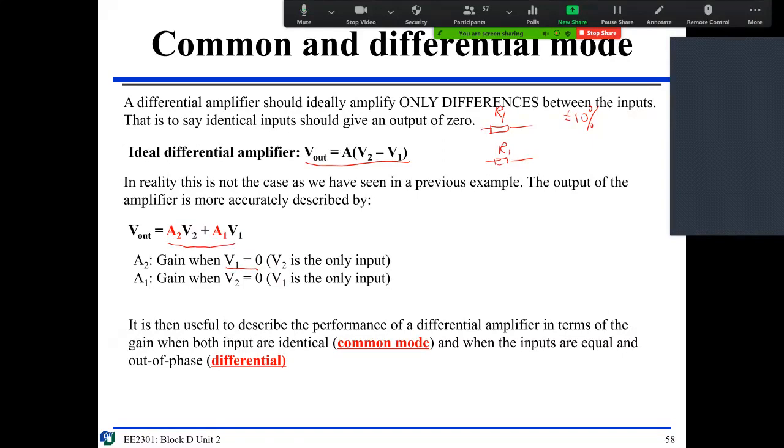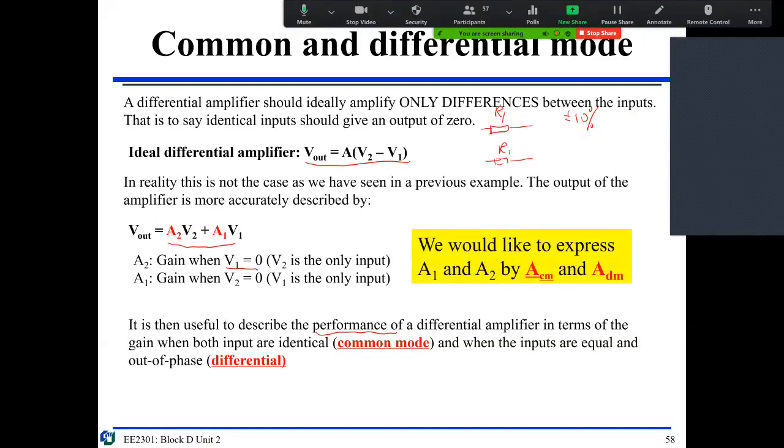There is a performance index of a differential amplifier in terms of the gain when both inputs are identical, when the inputs are equal, and out of phase, differential. So we want to introduce that. So ideally, we put a common mode and a differential mode. Differential mode means difference. Common mode is the same. So let's specify what is CM and DM.